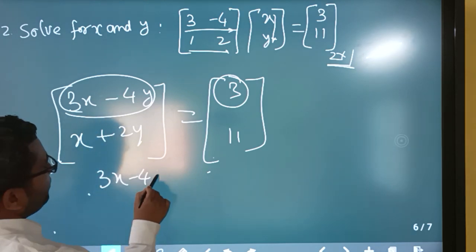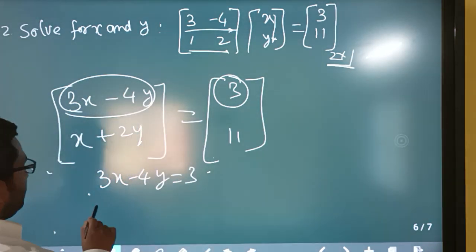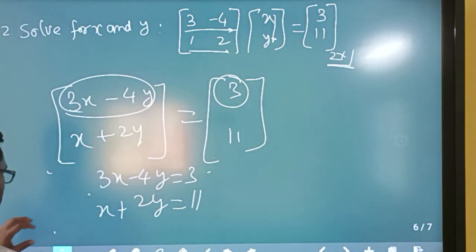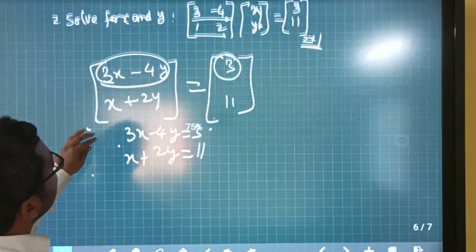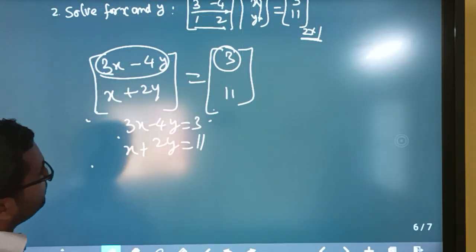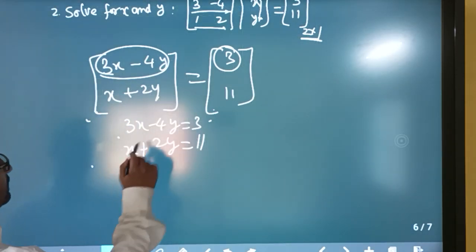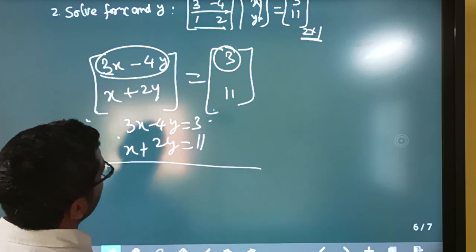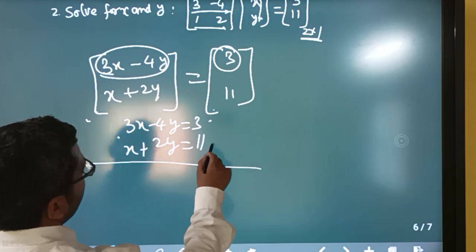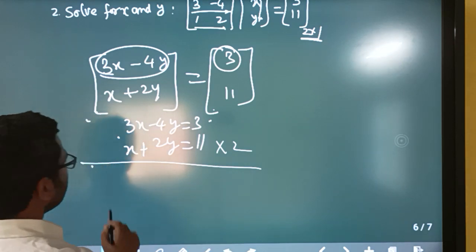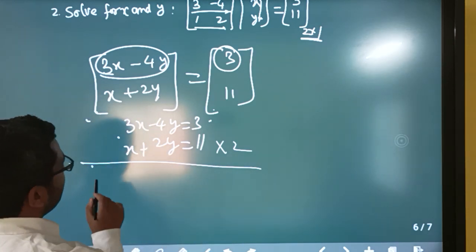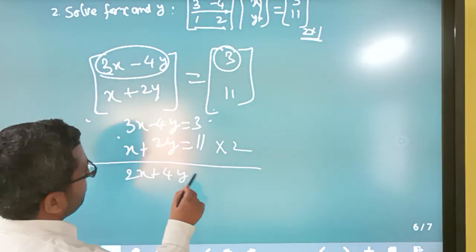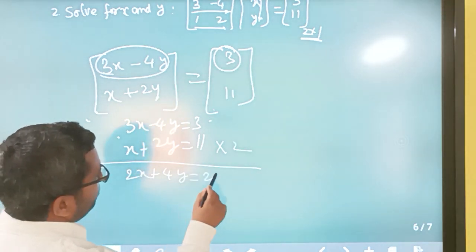3x minus 4y equals 3. x plus 2y equals 11. So we can find the values of x and y from the given equations. We multiply the second equation by 2: 2x plus 4y equals 22.